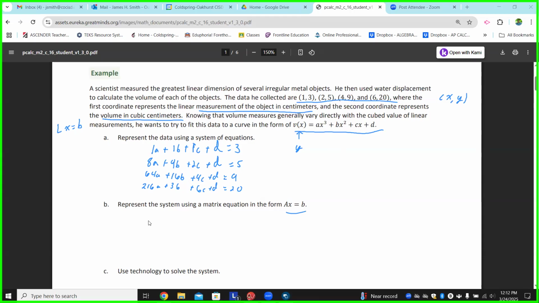So my A would look like what? Okay, down. That's fine. 8. That's a B. 1.